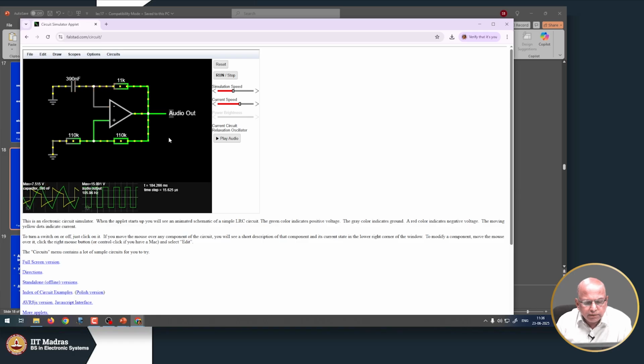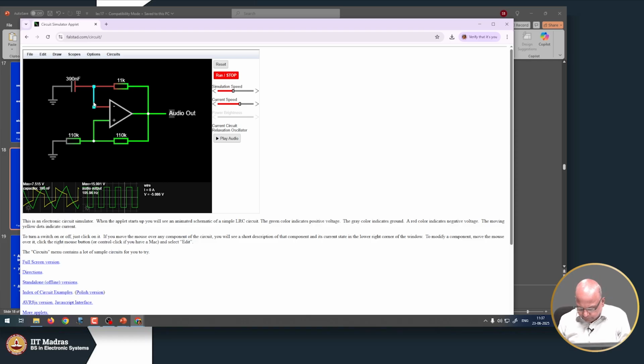You can even listen to the audio output. Okay. You could have also, without modifying, you can. So, it is a way of finding out how things change.